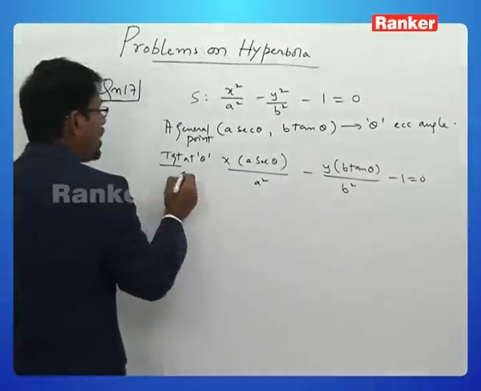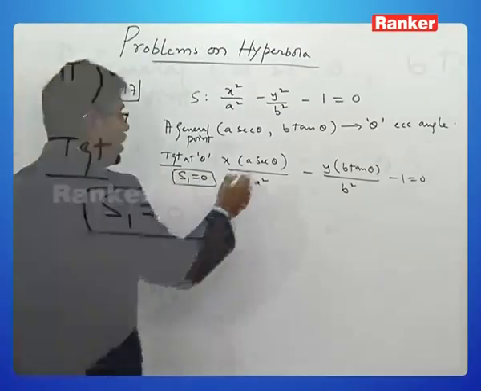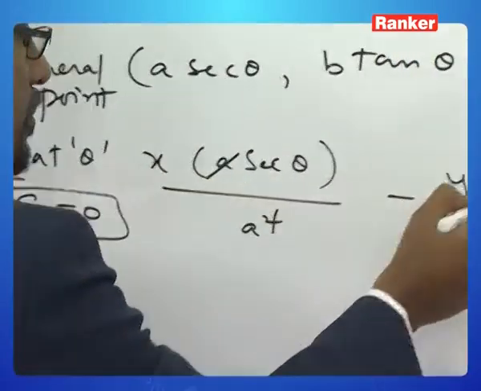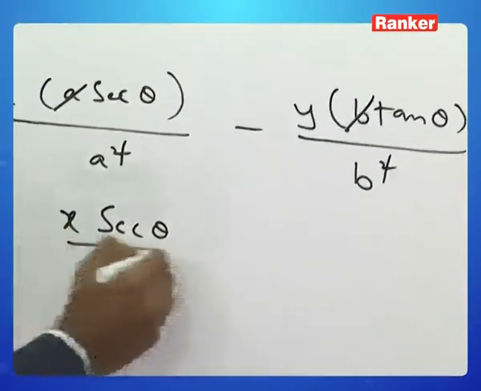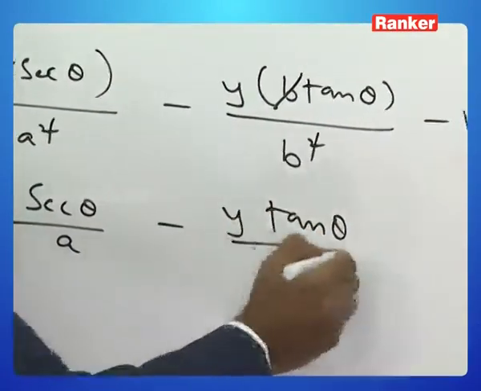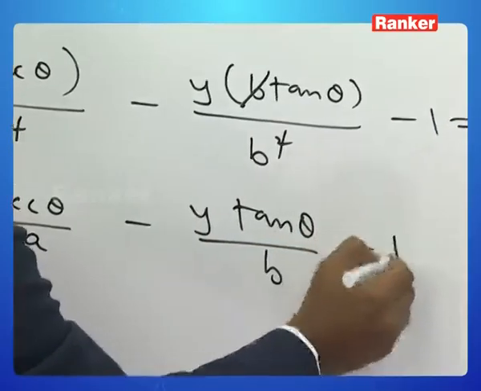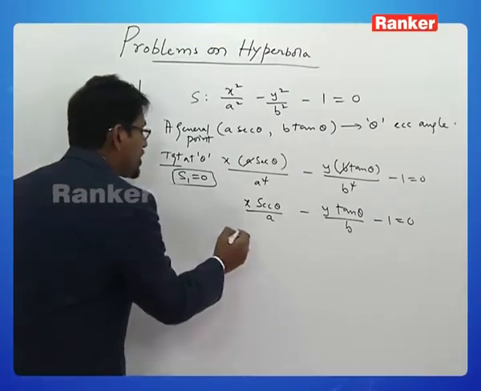That is S1 equal to 0. We use the tangent equation. So that makes it x secant theta by a minus y tan theta by b minus 1 is equal to 0. Now what is the slope of this?